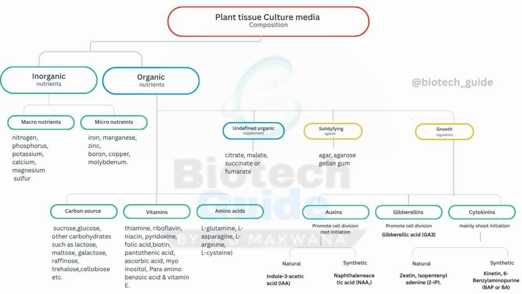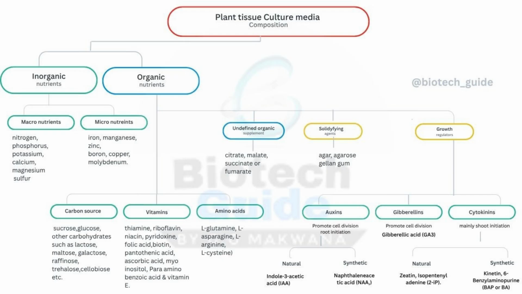Then second, organic nutrients. Carbon sources like sugars, sucrose, glucose and other carbohydrates fuel cell growth. Then vitamins, essential helpers like thiamine, riboflavin and more, keep cell functions running. Then amino acids, building blocks such as glutamine and asparagine, supporting various growth processes.